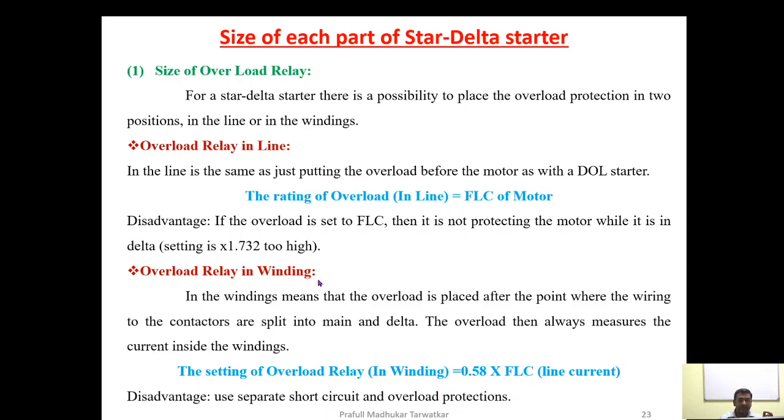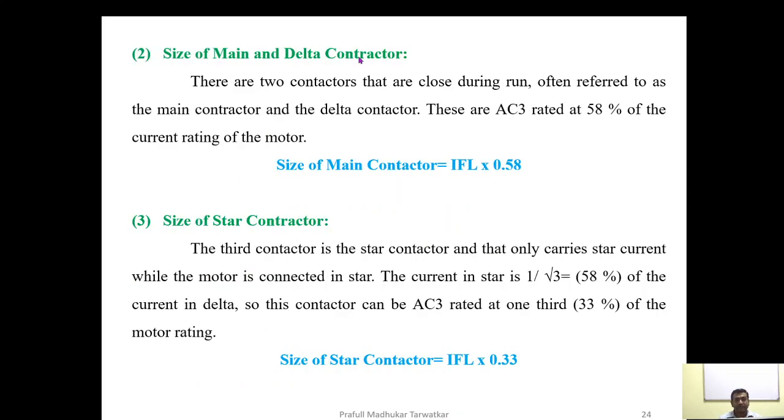When you have the overload relay setting in the winding, it is 58% of the full load capacity, since each winding receives only 1/√3 of the voltage. Then for the main contactor as a delta, size of the contactor will be 58%, 1/√3 times, and for star it is 33%. Since 1/3 times the ratio is available, we have to select accordingly.